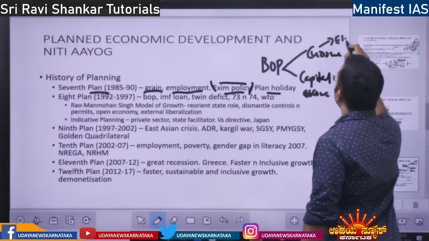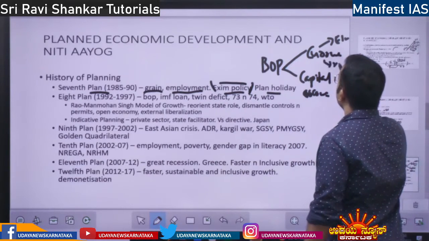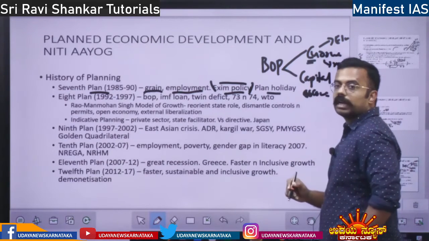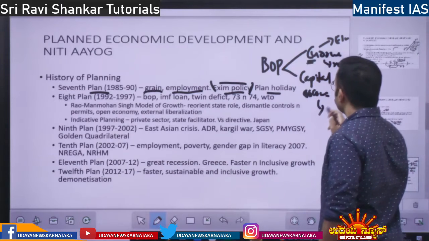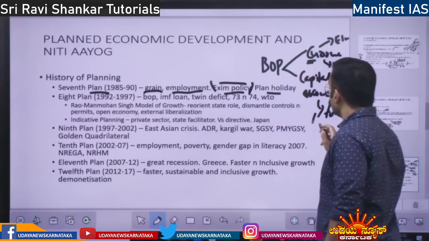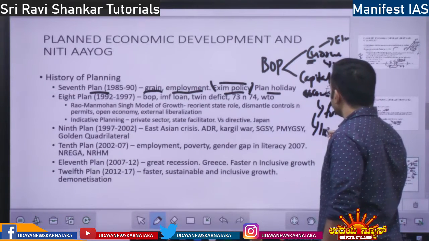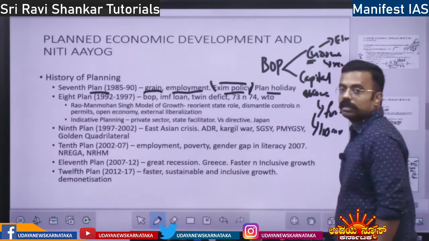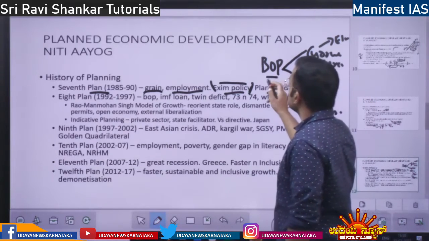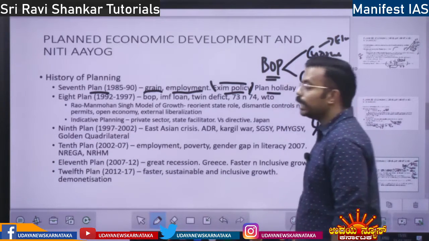Exports, imports, remittances, that is, when foreigners send money to India, everything comes under the current account. Capital account means foreign investment in India, loans given to India, loans taken by India. All these come under the capital account.